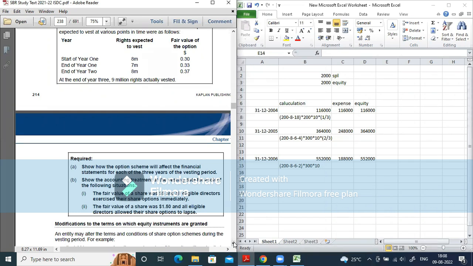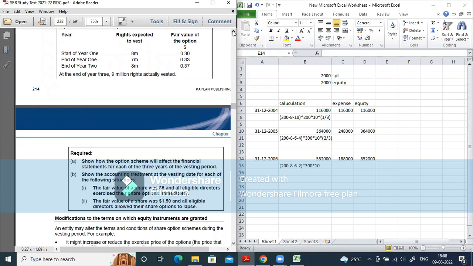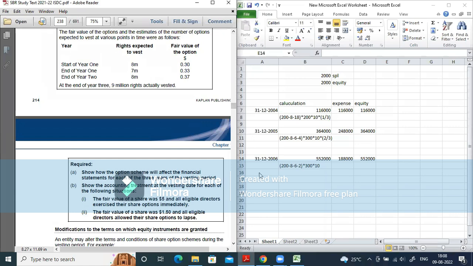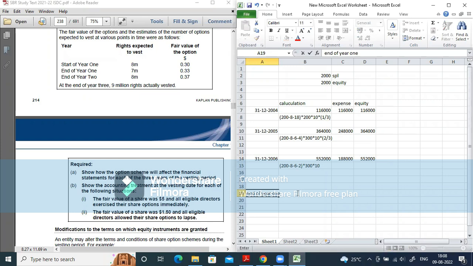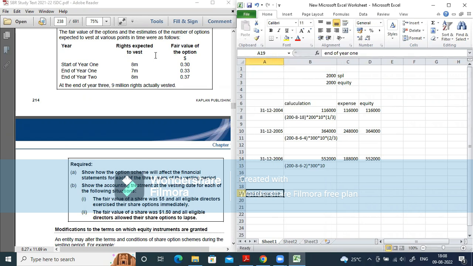Let me show. That is for end of year 1. They clearly mention rights expected to vest and fair value of the option is also given.